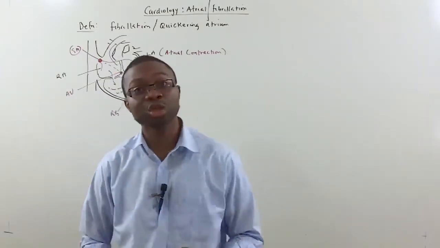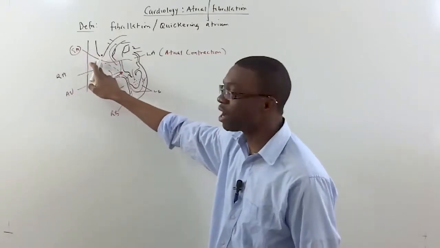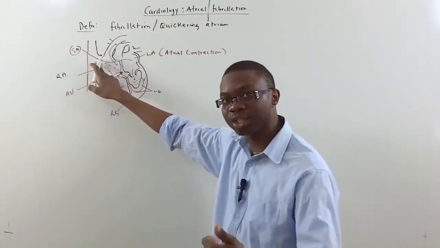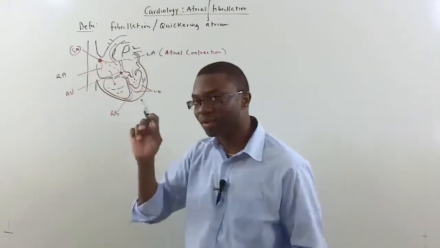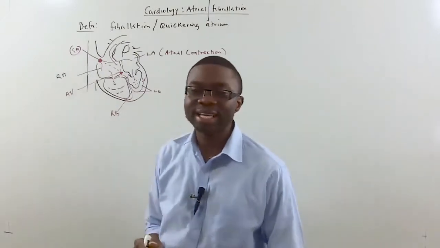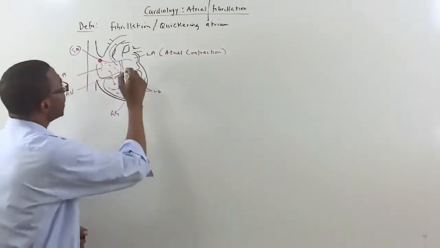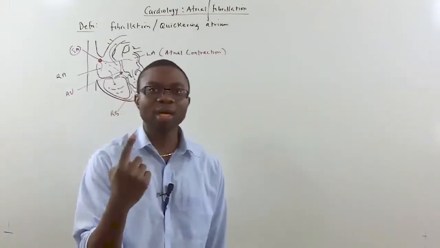Well, I'm going to tell you a story about atrial fibrillation. Did you notice there's only one node known as the sinoatrial node? Sinus, right? Atrial node. Only one inside the atrium. Well, unfortunately, when you have atrial fibrillation, people get mad. They don't want to have one leader.